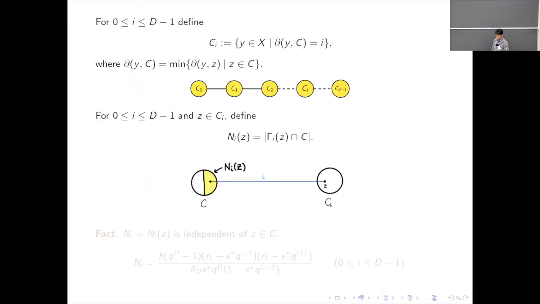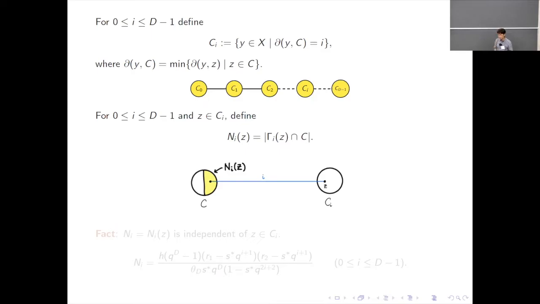What is this good for? When we have the Delsarte clique C, let's construct the distance partition with respect to C. We have the last cell C_{d-1}, because our covering radius is d-1. And now I'm going to define the quantity N_i of z, where z is a vertex in C_i.